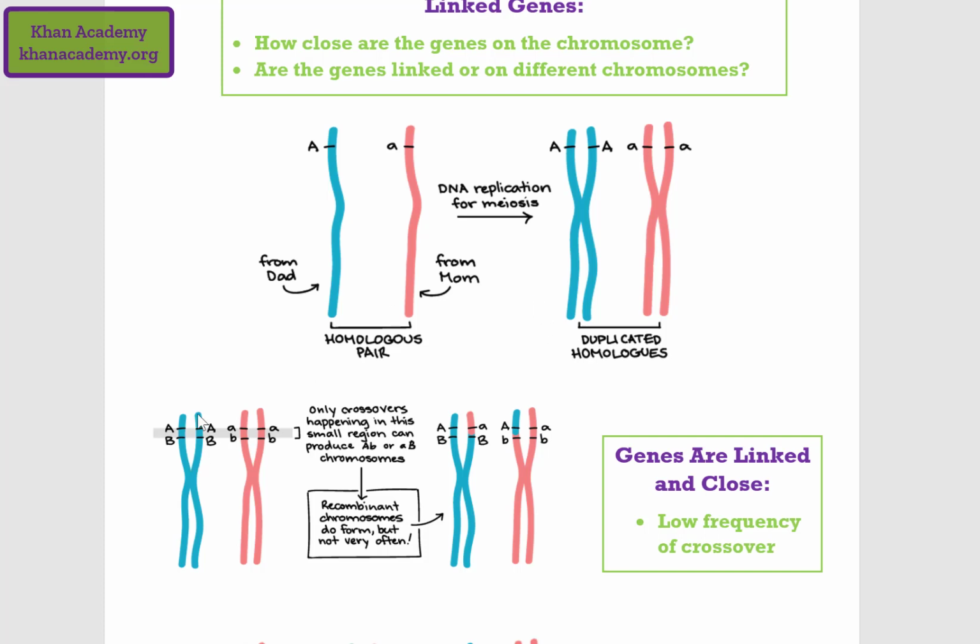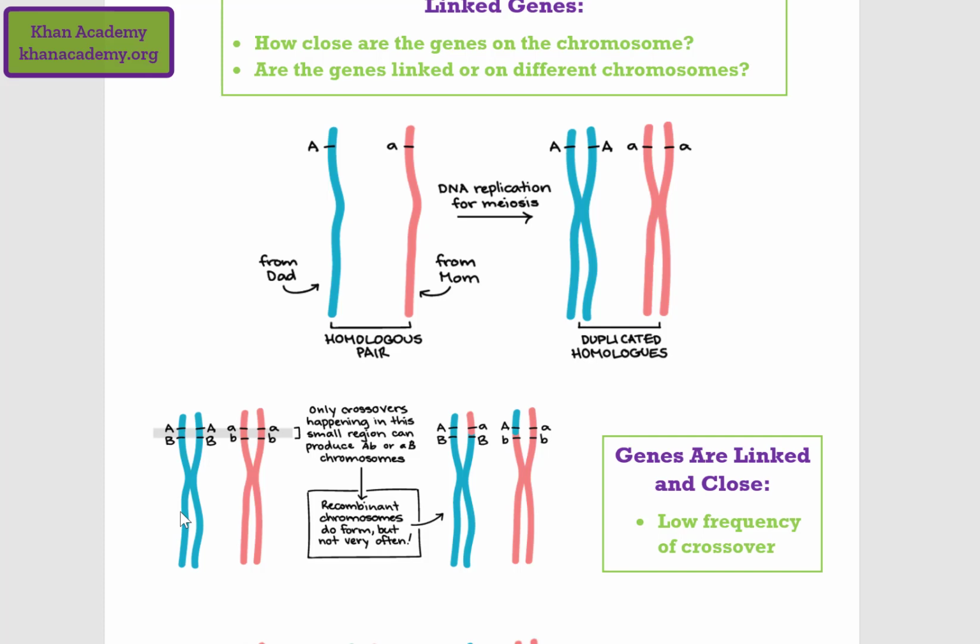So any genes that are on the same chromosome are called linked genes because they're on the same chromosome, and then they would be inherited as a group. So whatever's on chromosome number 15, you would inherit that chromosome as a unit, so those traits would be inherited together.